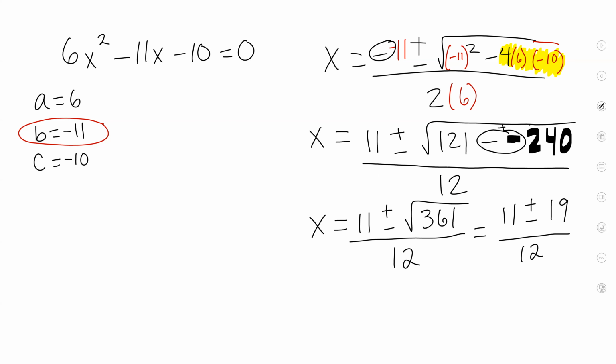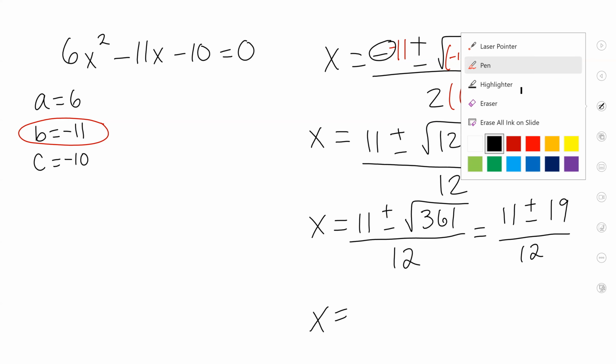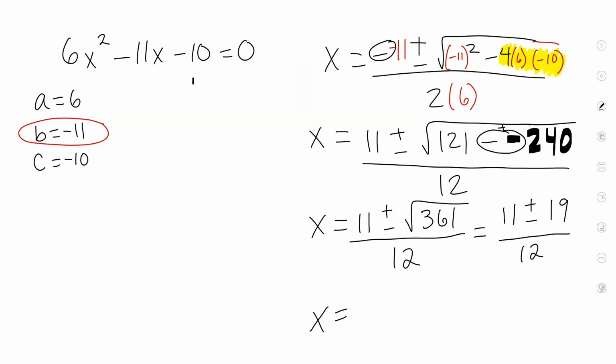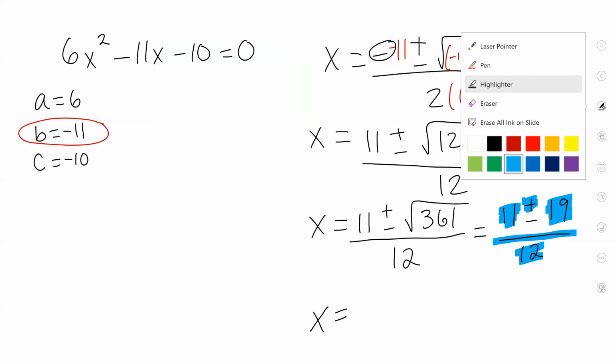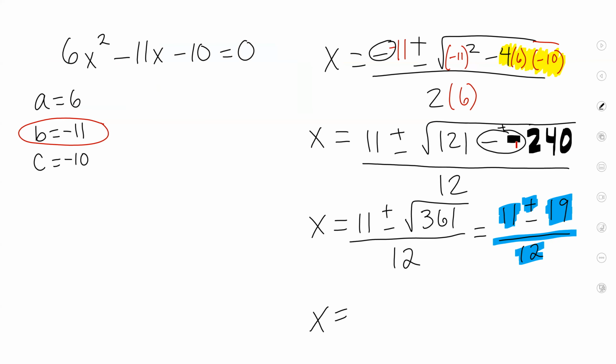So guys, I'm going to get 2 answers. My first answer, I'm going to do 11 plus 19 divided by 12. So 11 plus 19, what is that? 30. So I'm going to have 30 divided by 12.